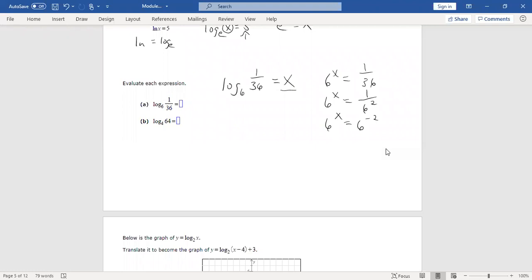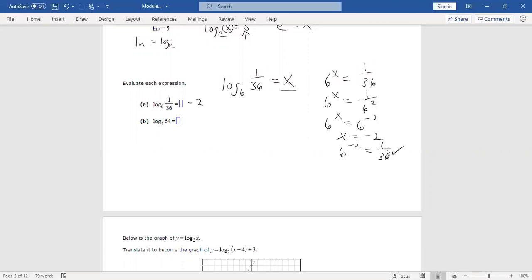Well, if the bases are the same, for them to be equal, the exponents have to be the same. So that means x would have to be -2. In other words, 6 to the negative second power should equal 1/36, and it does. Because remember, the negative exponent tells you to take the reciprocal. So we have 6 to the second power, which is 36, and the reciprocal of that is 1 over 36.